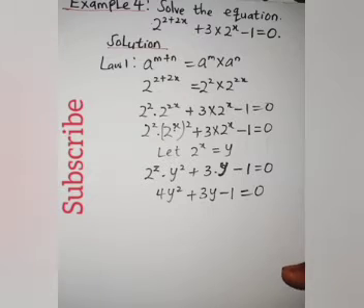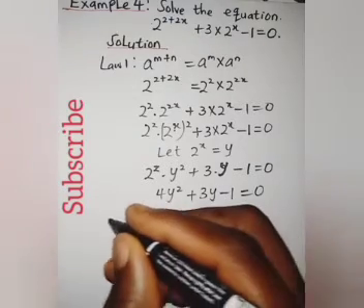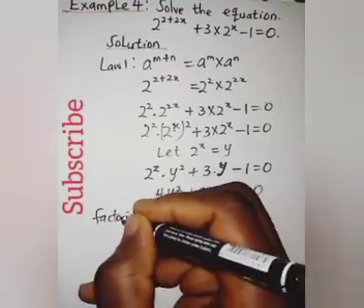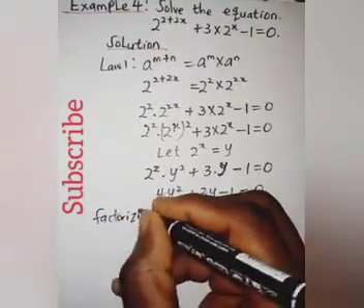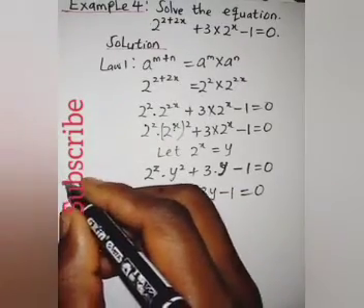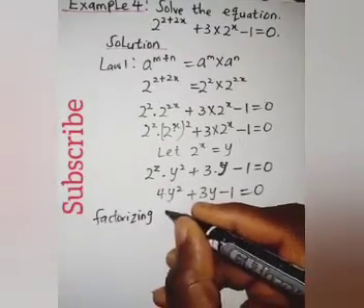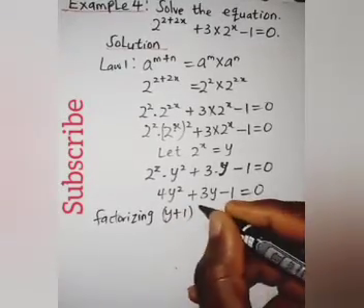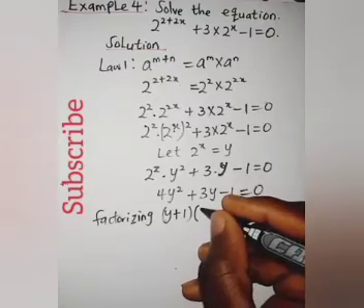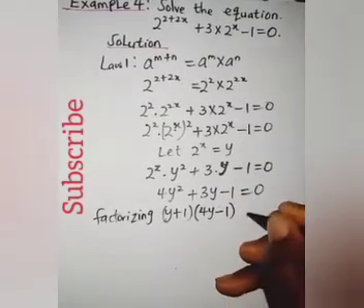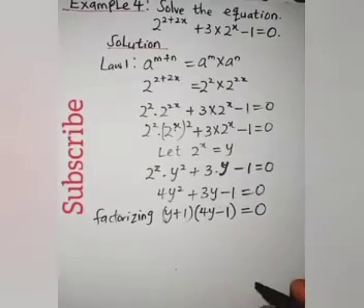Thereafter we move on to factorizing. I have something like y plus 1, and 4y minus 1 should be equal to 0.